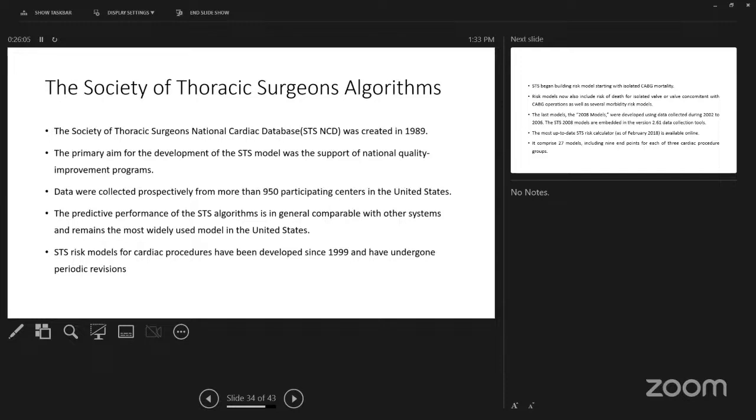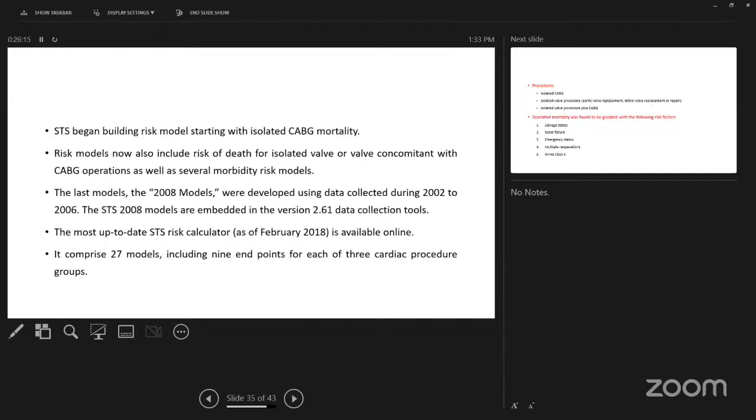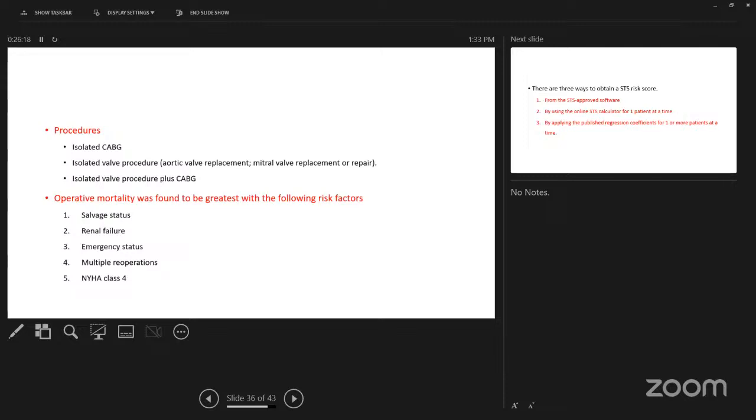The predictive performance of the STS algorithm is generally comparable with other systems and it remains the most widely used in the United States. It also includes the procedure, as with EuroSCORE 2: is it an isolated CABG, is it an isolated valve procedure, or an isolated valve procedure plus CABG?